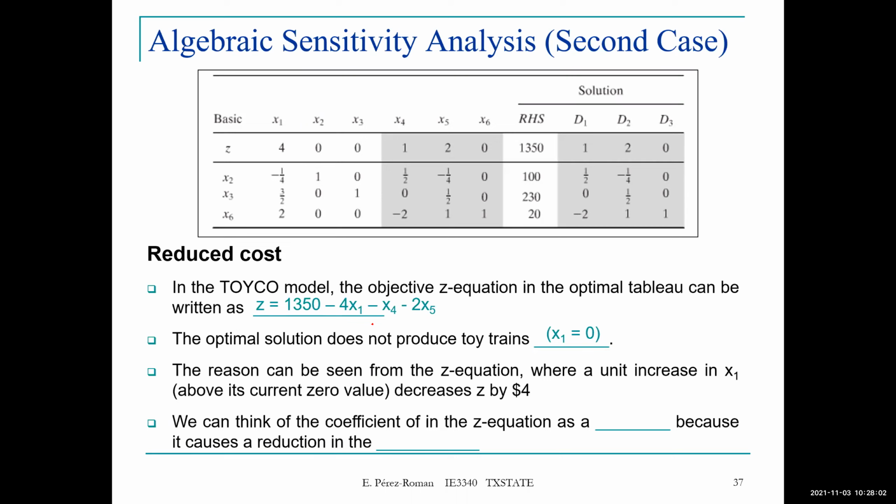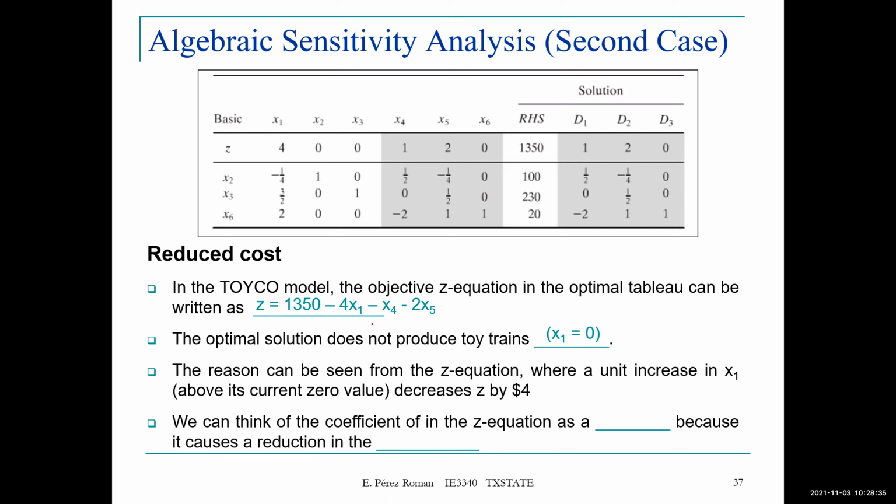This information in the final tableau is also giving us some insight into what's going on in your decision process. Again, x1 equals 0. Why are we not producing any products of that type? When you look at the optimal solution in the optimal tableau, it's telling you that if you produce those products, that's going to go against your profit.